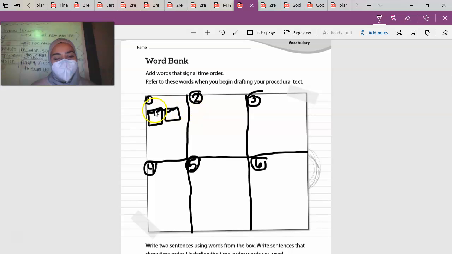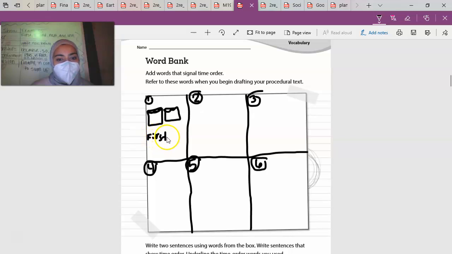So I'm going to draw a picture of 2 sliced breads, and then I'm going to write the directions. What is the linking word I'm going to use to show the order of the first step? Leia? First. So here you're going to write first and then grab blah, blah, blah, whatever you're doing.